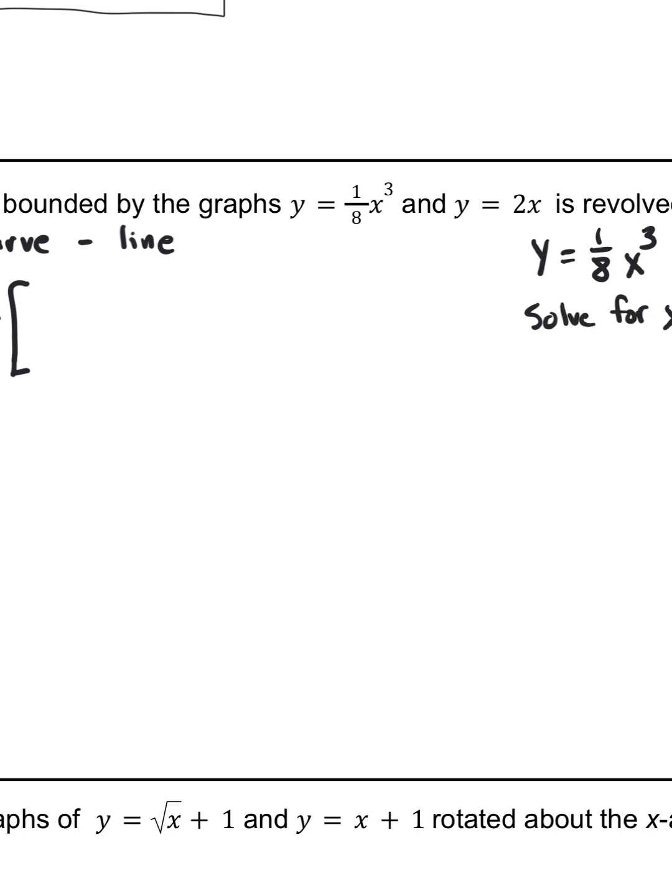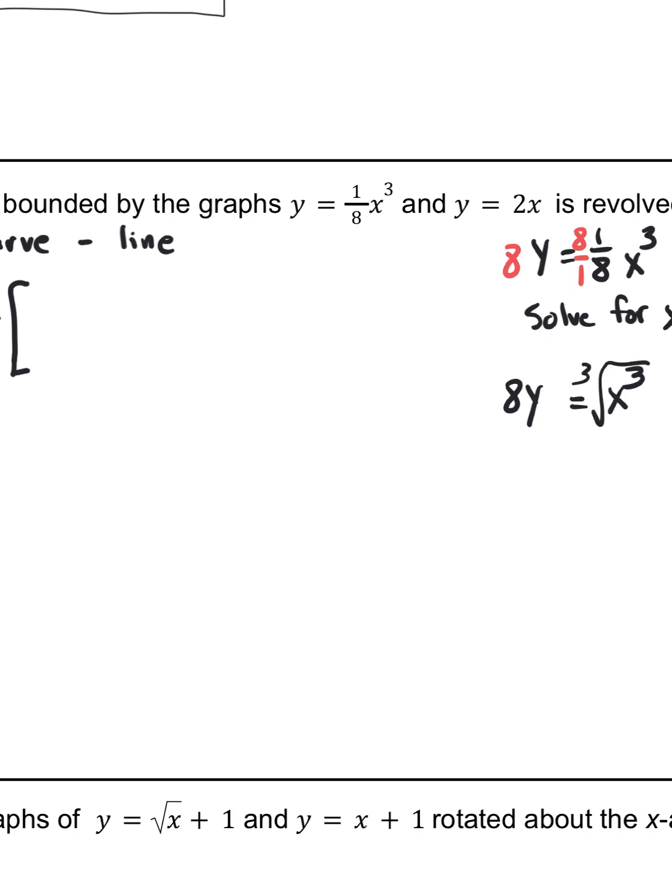Okay, so the first thing that we're going to do is multiply both sides by 8 to move the 1/8 over. So I have 8y = x to the third. Now I'm going to take the cube root of both sides.